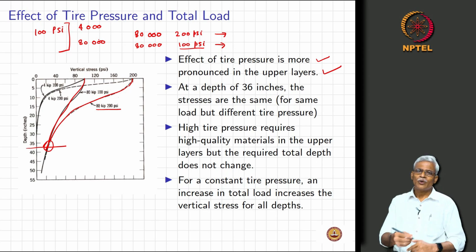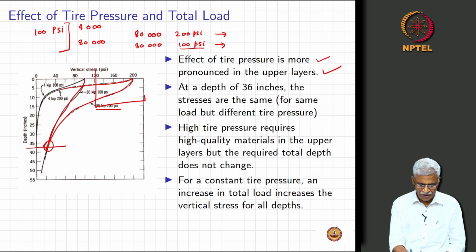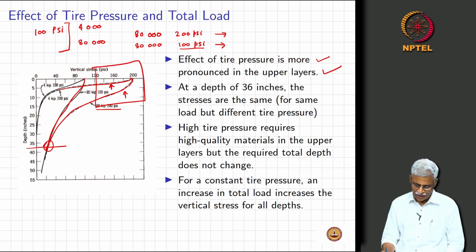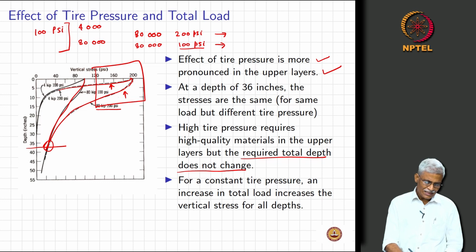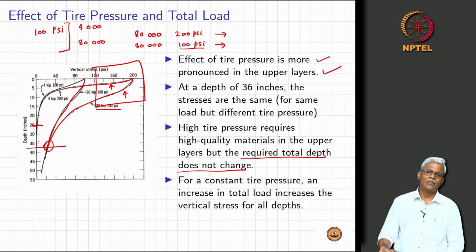When you look at this graph, what it means is that if you are going to have high tire pressure, this is what matters. This is also 200 psi, this is also 200 psi, high quality material, but the required total depth will not necessarily change because most of them will come and reach the same point.